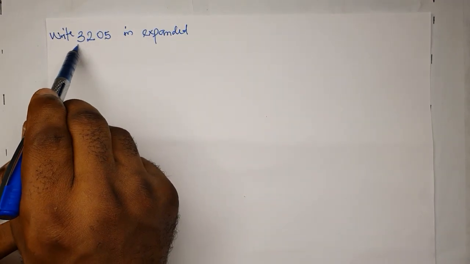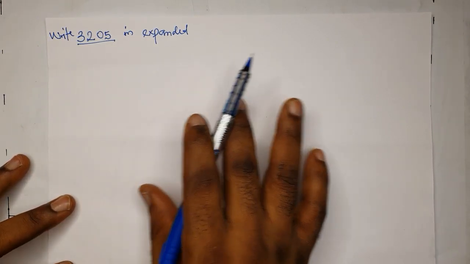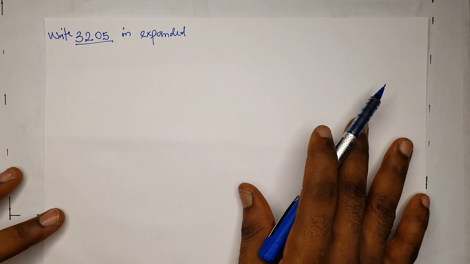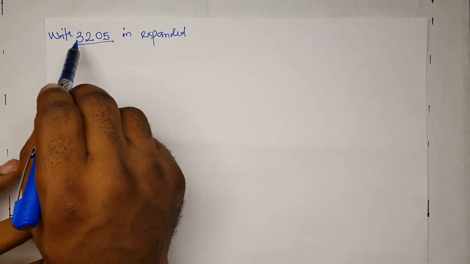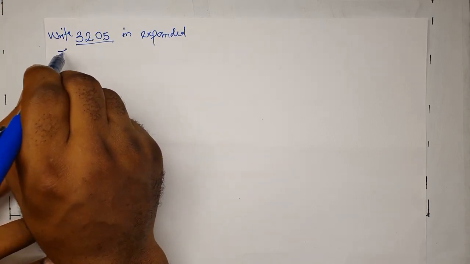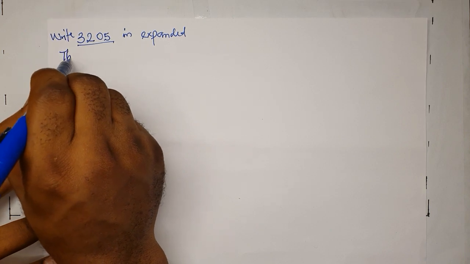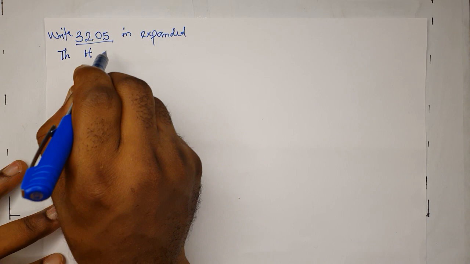Looking at 3205, we know this to be represented ably by 3000. That is, if I write my place value table out here, thousands comes in first. Then this is the hundreds place.